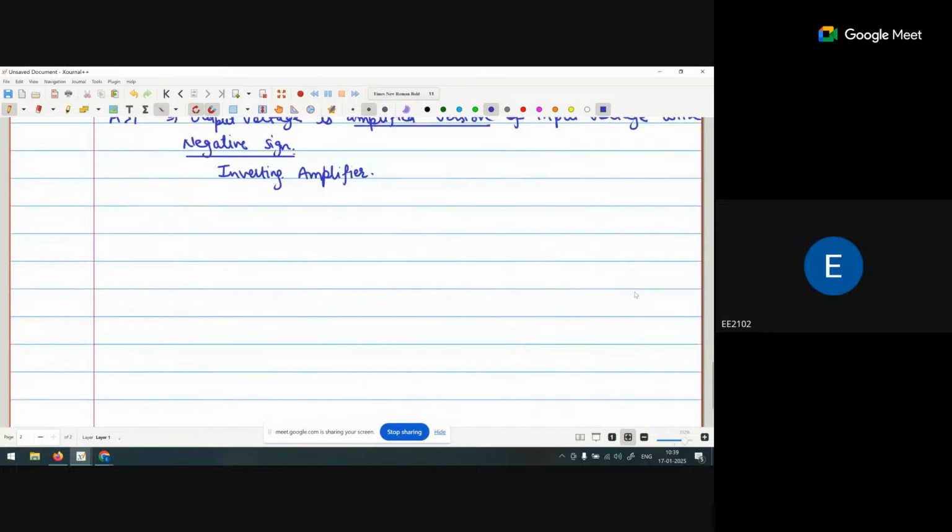Now, what happens if I apply the voltage at a positive terminal? So this is my operational amplifier. V out.